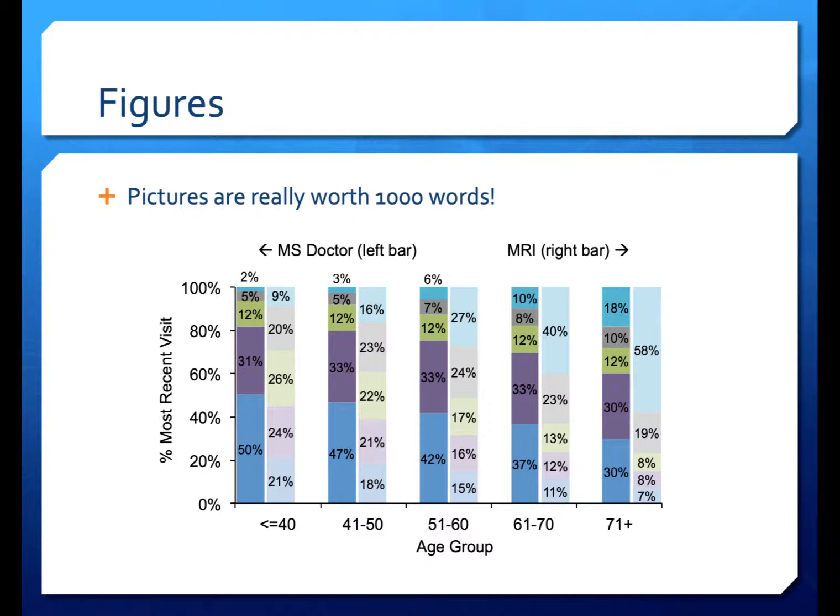And so you can really see that it would be next to impossible to put this in a paragraph or in a table and demonstrate what it is that you really wanted to demonstrate, which is that we're seeing a higher proportion of people seeing the MS doctor at every age compared to an MRI. Now the MRIs become less and less likely in the time frames. So these are the time frames from the last 3 months all the way up to several years.